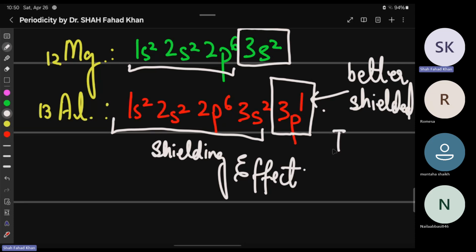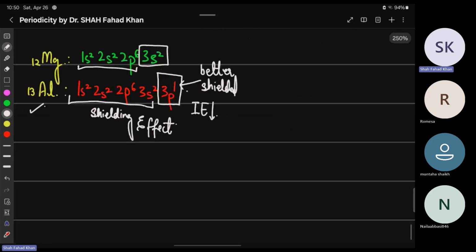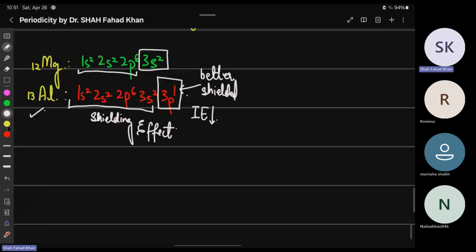So hence the ionization energy decreases. Exactly the same reason applies as you go from beryllium to boron. Boron's electrons are also better shielded compared to beryllium.